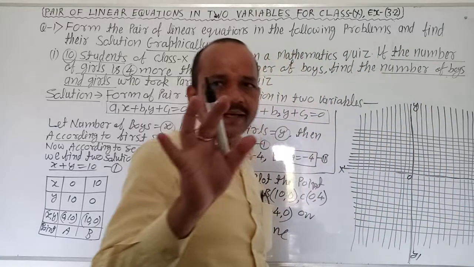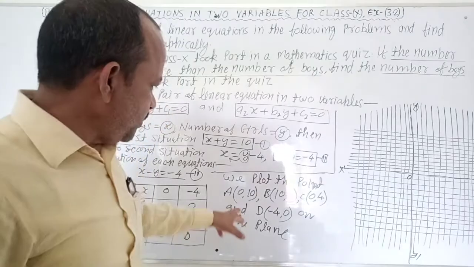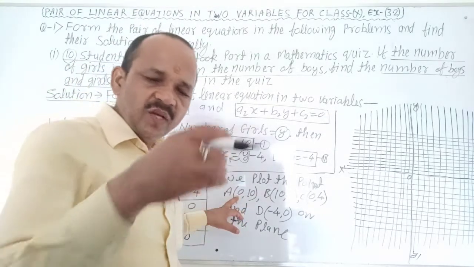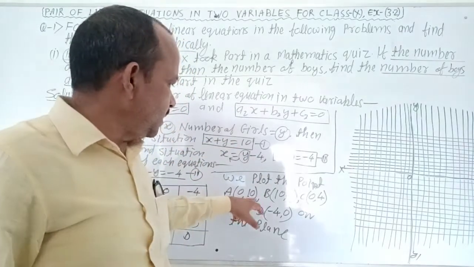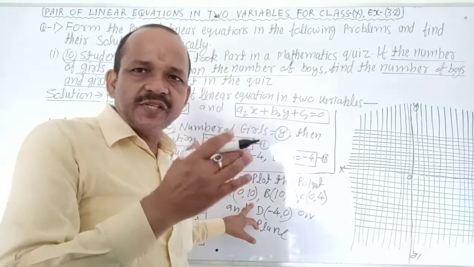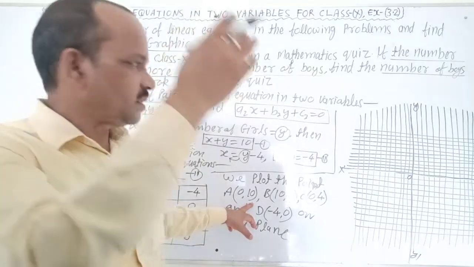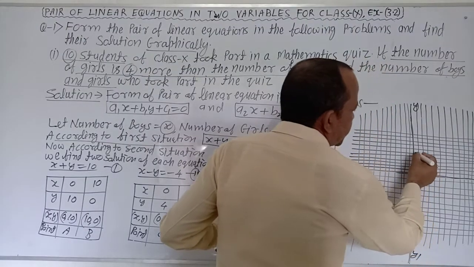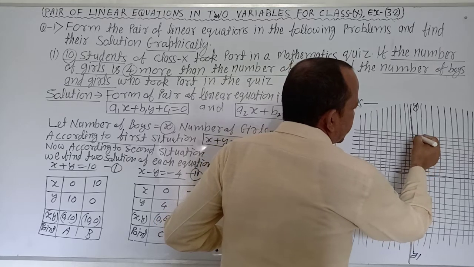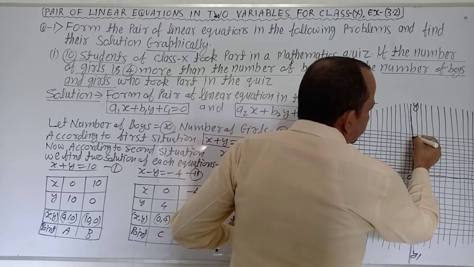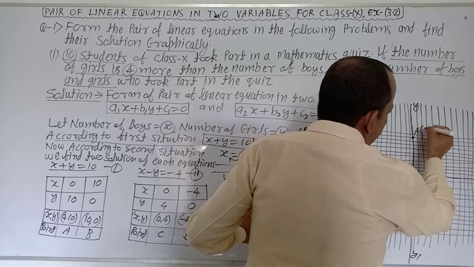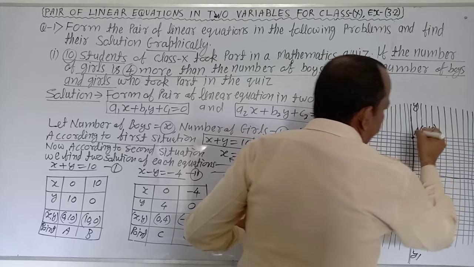You plot firstly point A, 0 and 10. 0 means at the origin, 10 means at the y-axis in the positive direction. 1, 2, 3, 4, 5, 6, 7, 8, 9, 10. Here point A means 0 and 10.